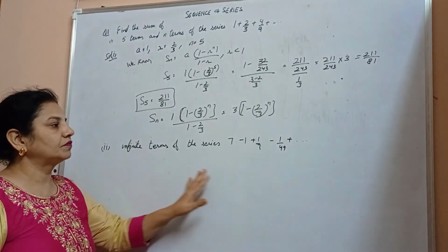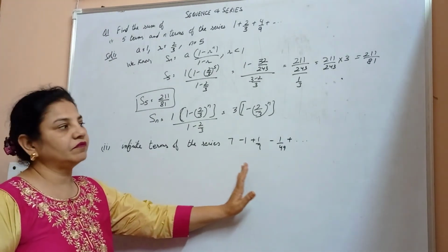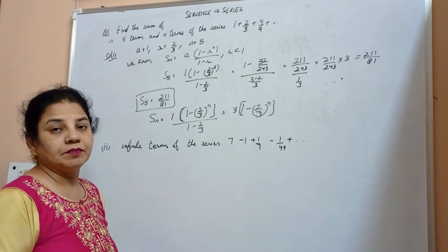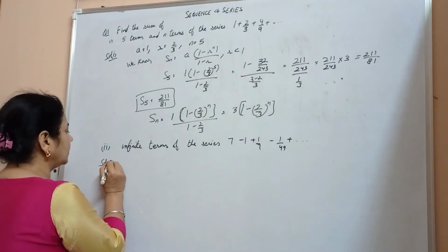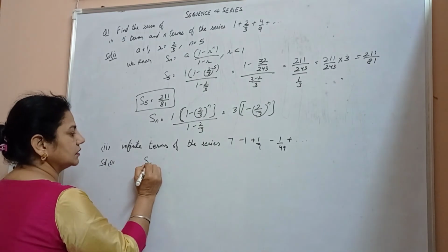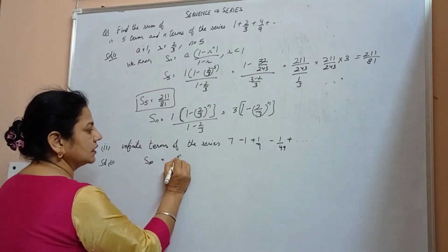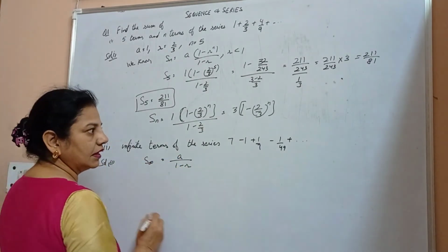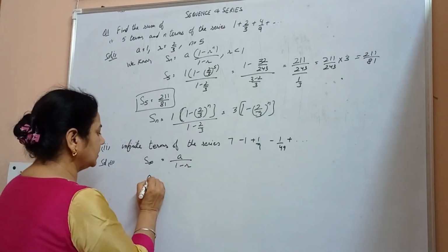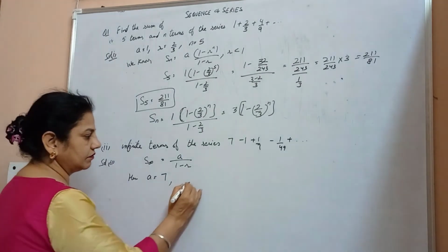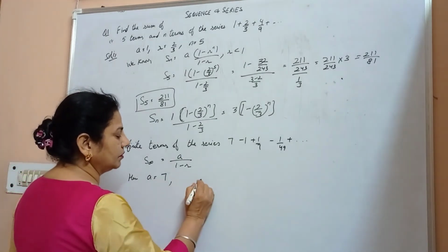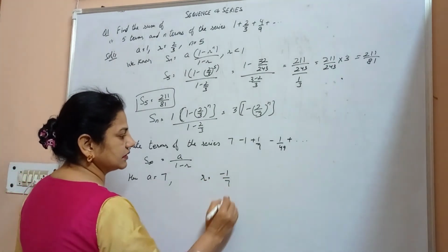Now, the infinite terms of the series. You have to find the sum of infinite terms, meaning n tends to infinity. So the formula for the sum to infinity is given as a upon 1 minus r. In this particular series, the first term a is 7 and the common ratio is given as minus 1 by 7.